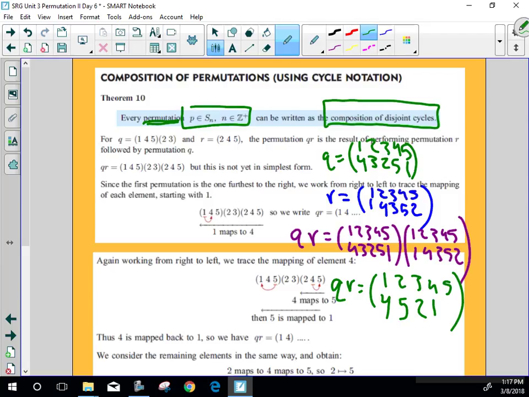And then 5 goes to 2, 2 goes to 3, and it finishes that off nicely.